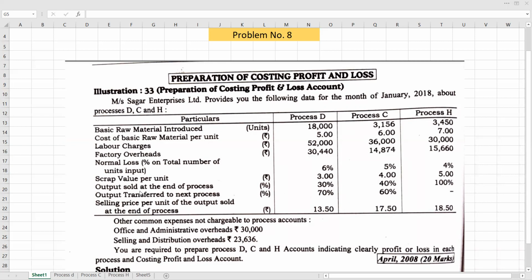What about process H? 100% should be sold. This output has to be shown entirely as sale.